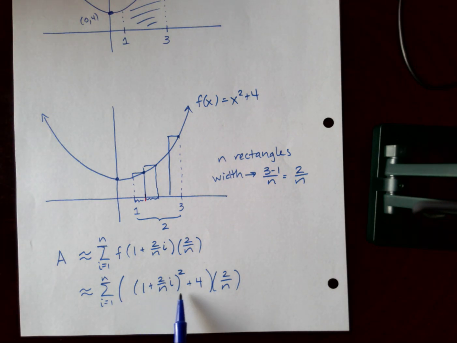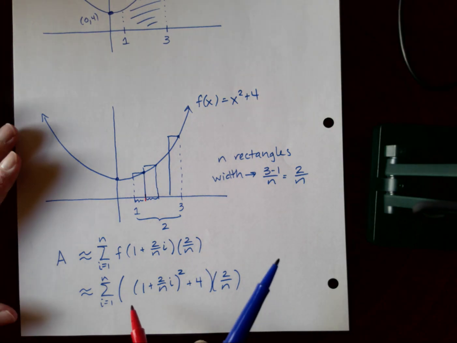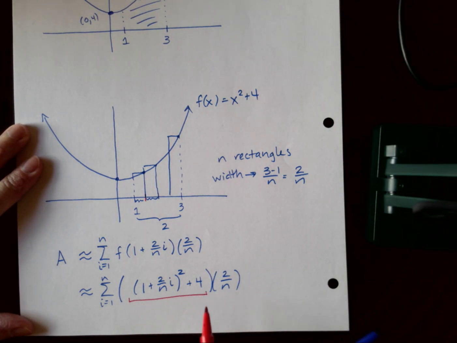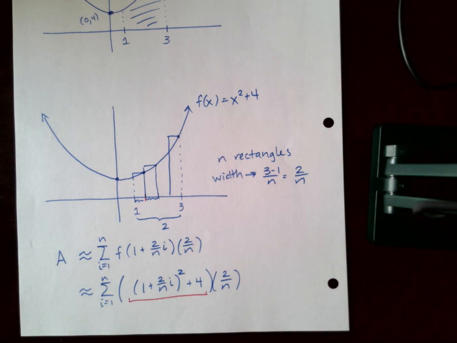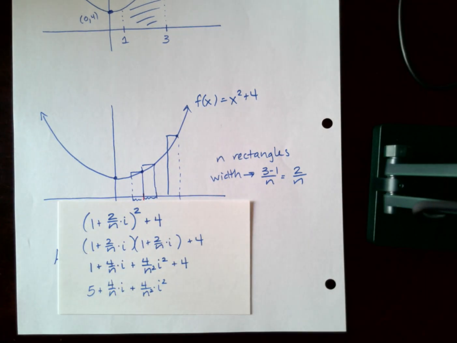I need to evaluate this inner portion. I need to expand it. Expanding will really help with that. And so here comes a guest appearance by an index card. If we do just this part in the first giant set of parentheses, here's what I think we should get. Take the quantity and square it, which means the quantity times itself. We're still having that plus 4 hang around.